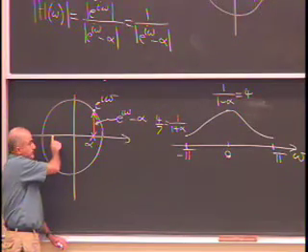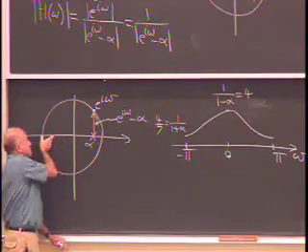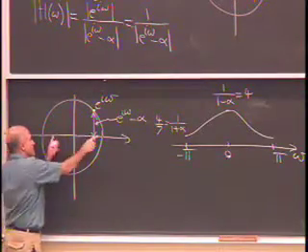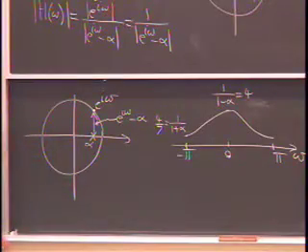Okay? And in that case, the shortest length of the red vector will be when you're at pi. The longest length will be when you're at 0. And there was no restriction on alpha other than that its magnitude is less than 1, right?